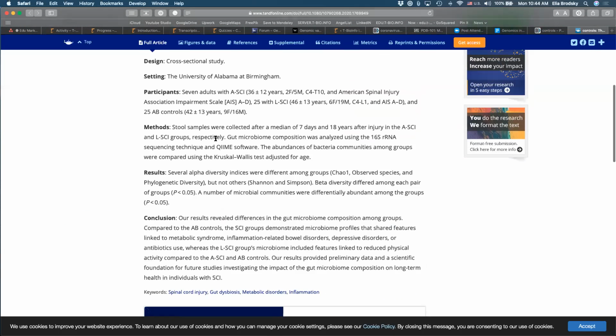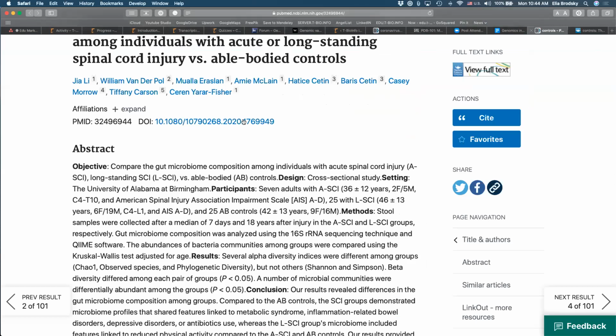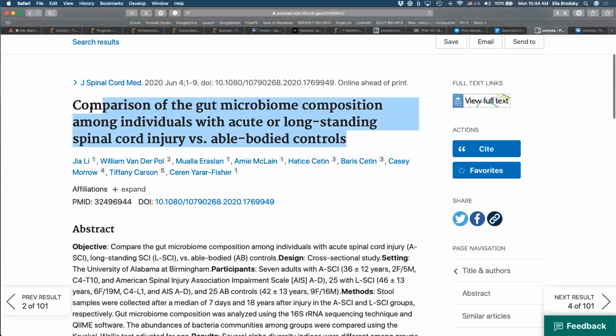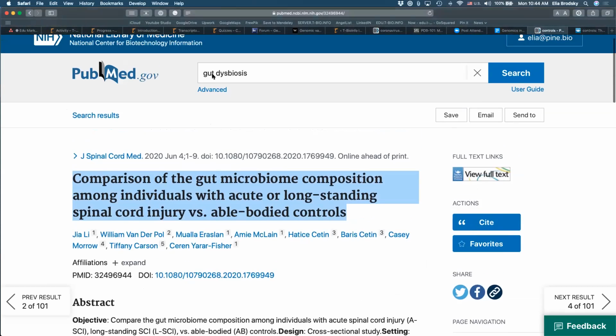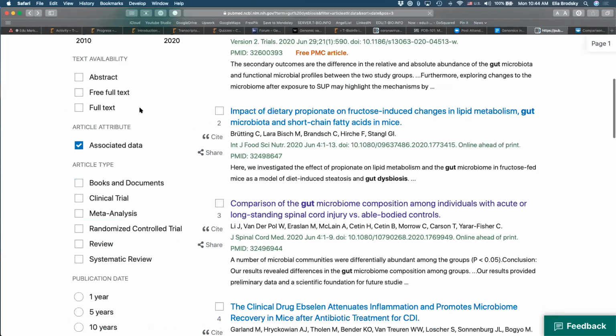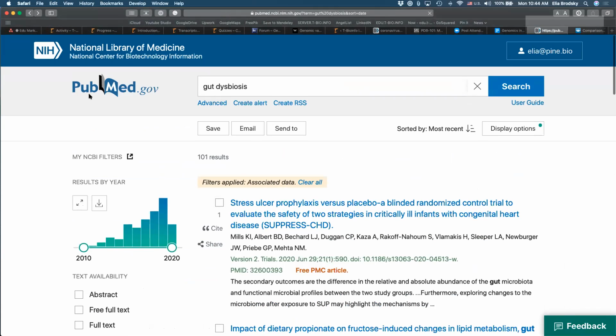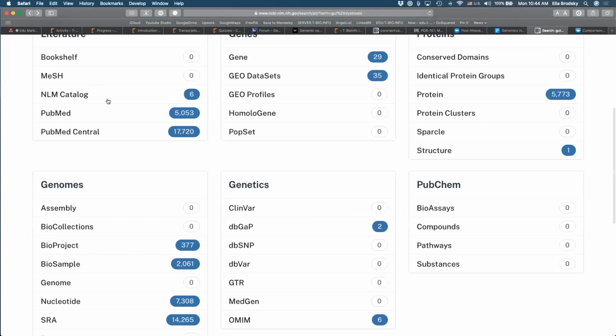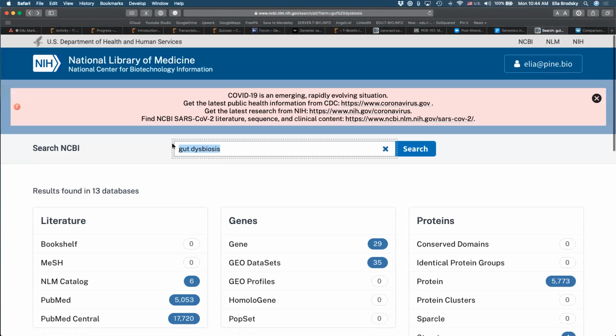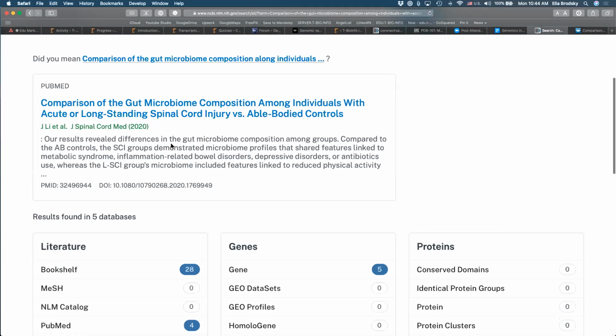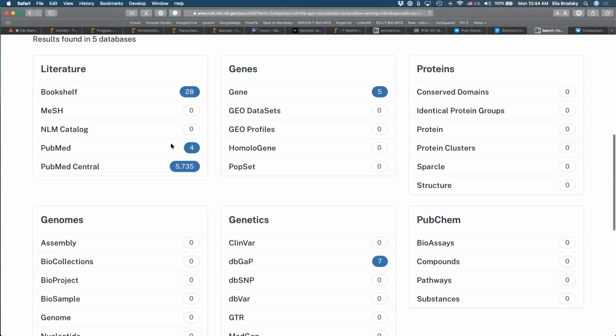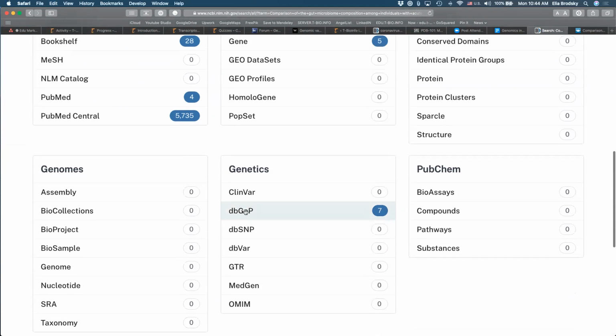Okay, so this is behind a paywall. But if you look for this specific name and look for it on NCBI, you see they do have information about it, but it is protected.